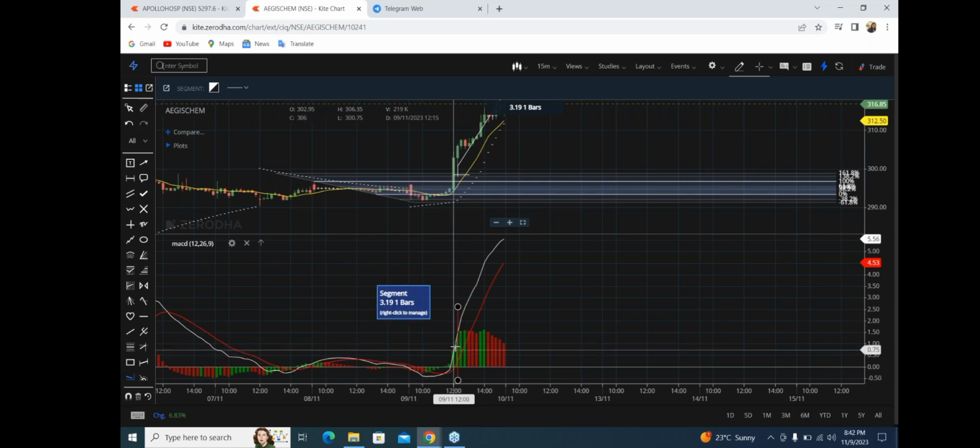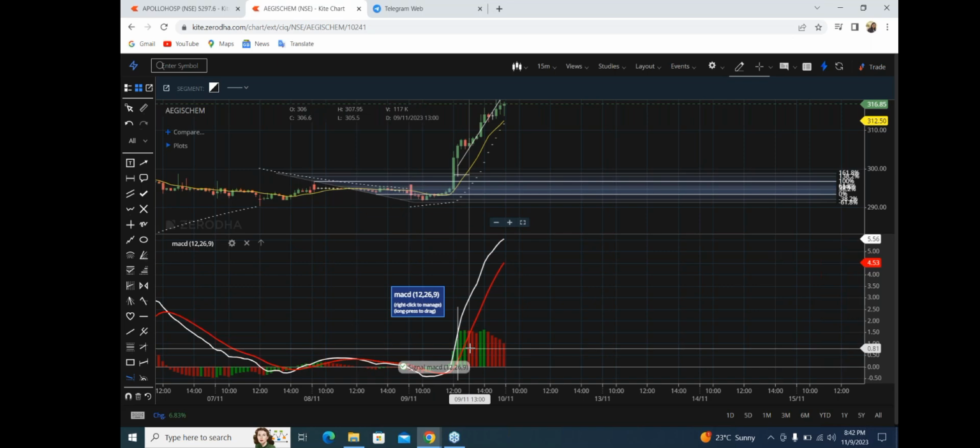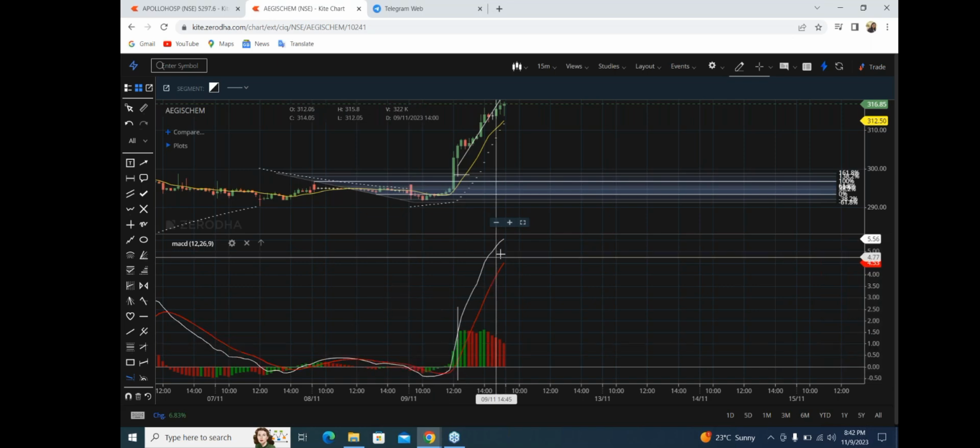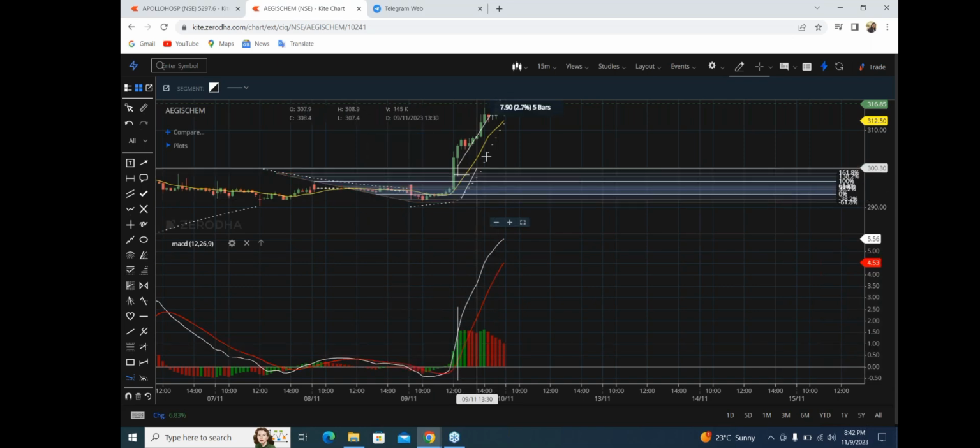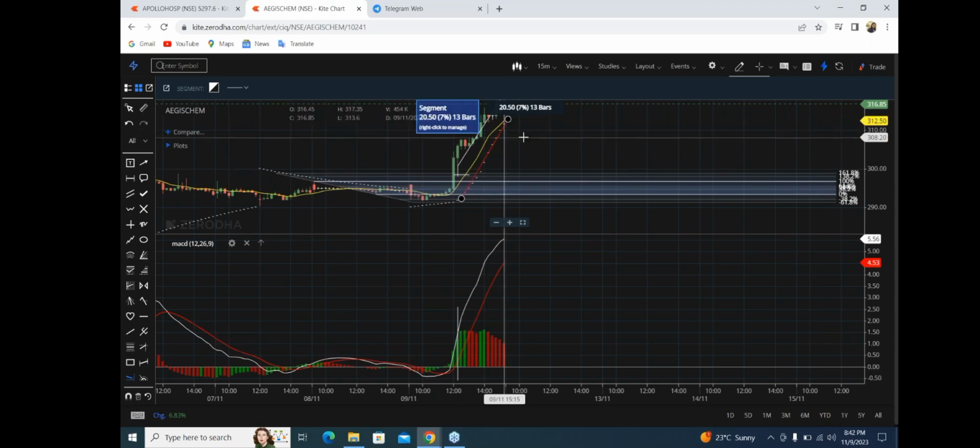And do we have moving averages in positive crossover? Yes. And do we have beautiful confirmation of parabolic SAR so that you can take trades?